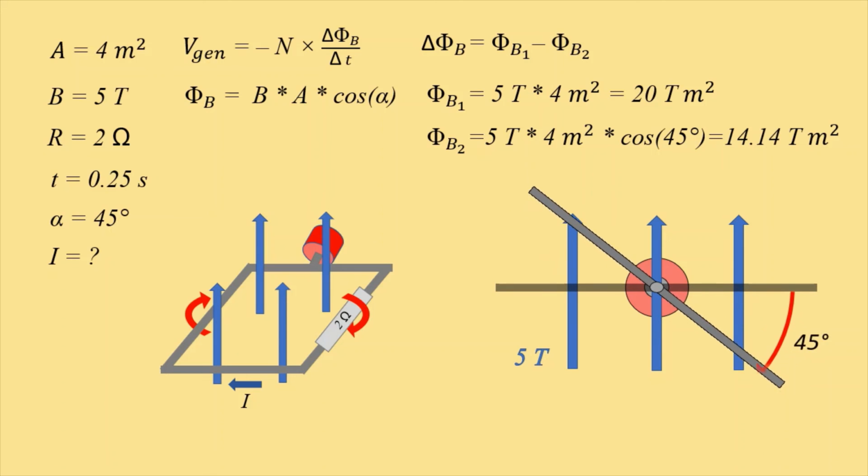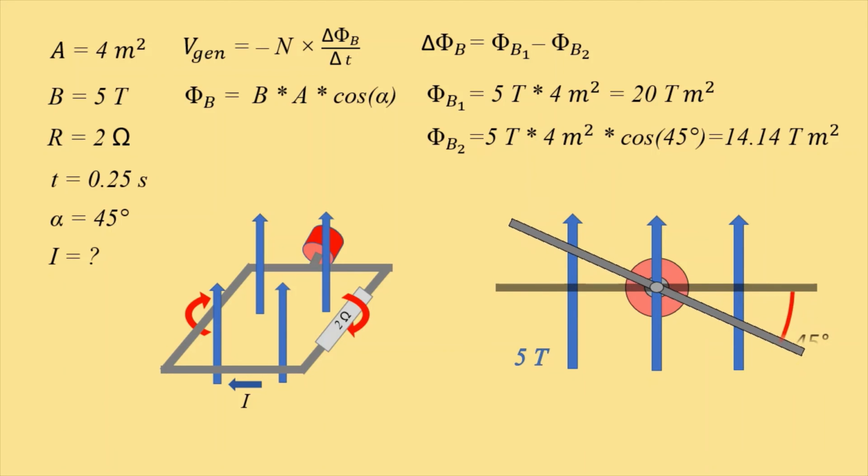In the second case, we will use the cosine of 45 degrees, and when we multiply all this together, we get 14.14 Tesla meters squared.